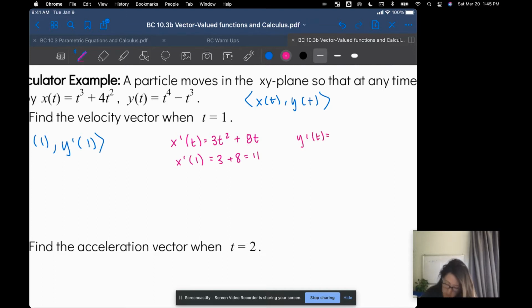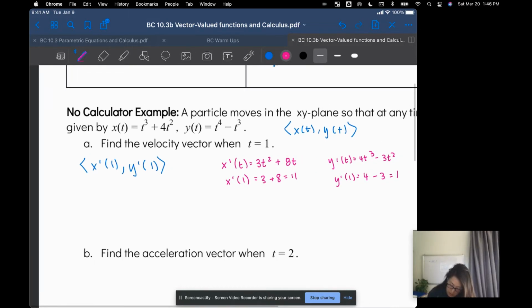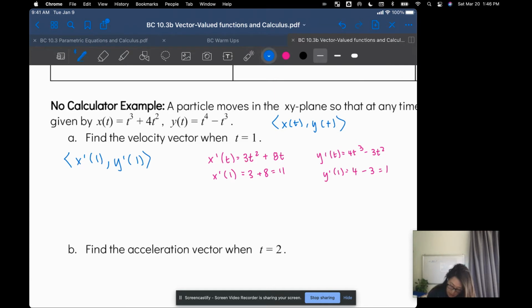The derivative of t to the fourth minus t cubed is 4t cubed minus 3t squared, and y prime of 1 is 4 times 1, which is 4, minus 3 times 1, which gives us 1. So my velocity vector at time 1 has an x component of 11 and a y component of 1.